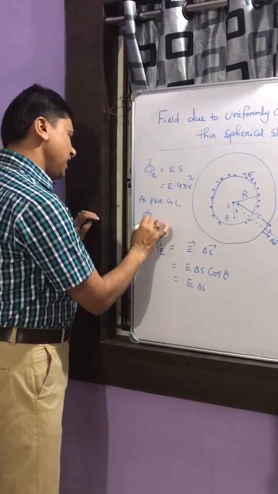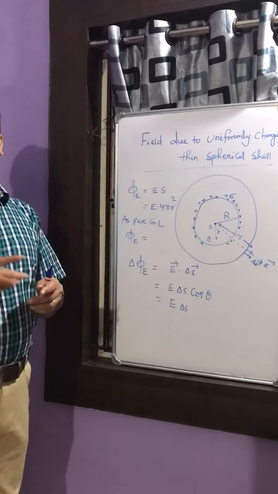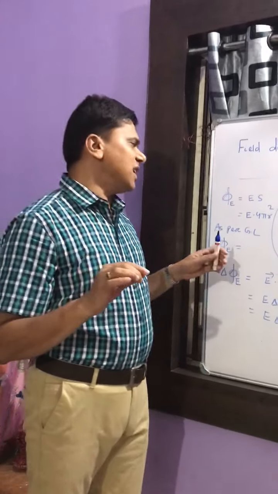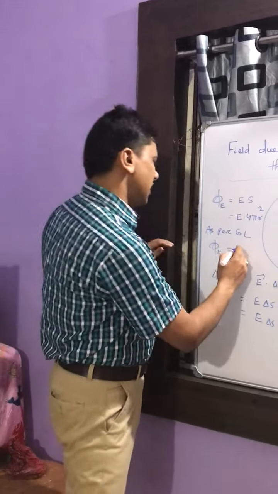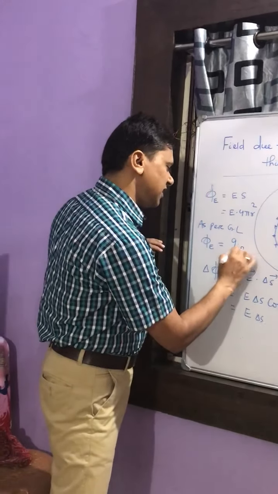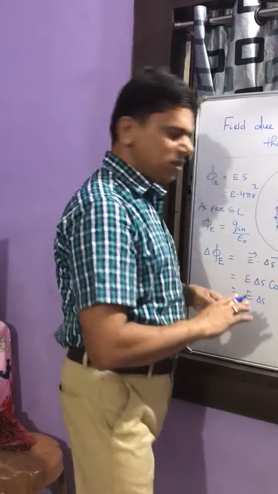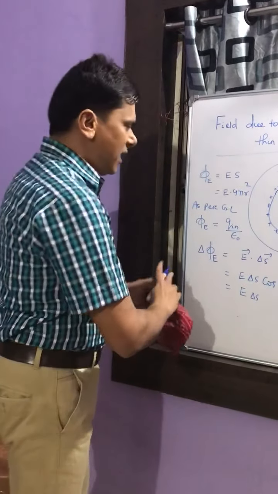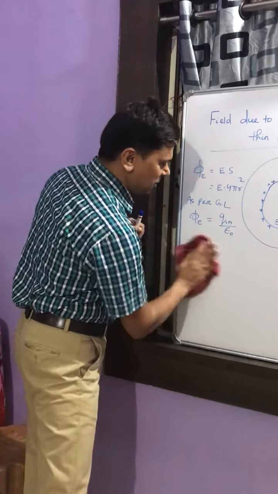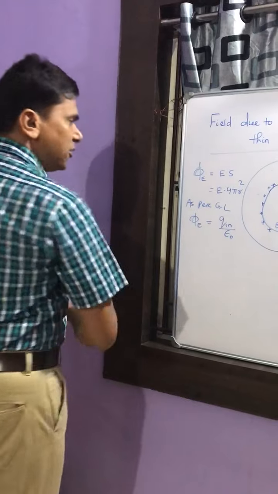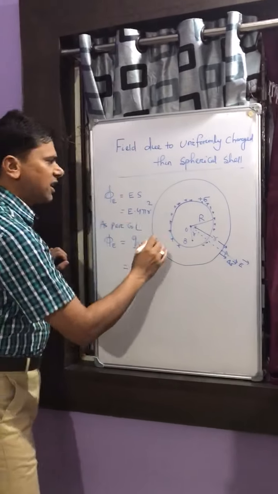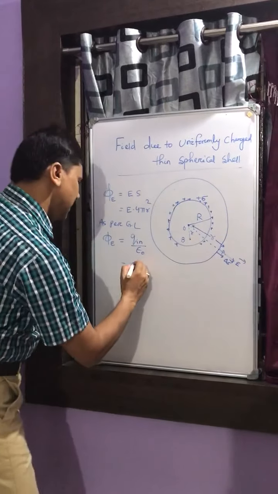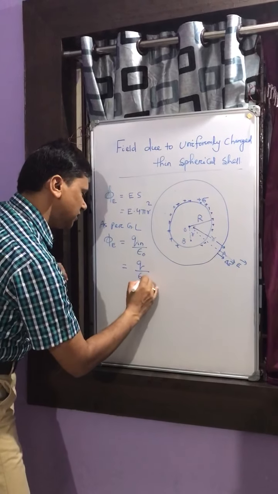Now, as per Gauss law, this phi E will be how much? It will be equal to the total charge inside the Gaussian surface, that is q in, divided by epsilon 0. Now we calculate q in. Inside the Gaussian surface the total charge q is there, so this will be q by epsilon 0.